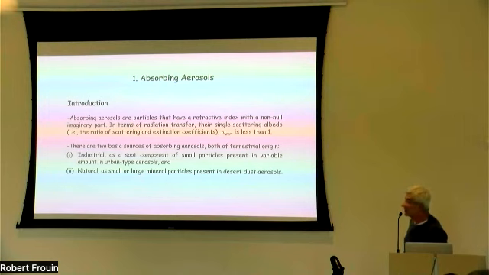And that means that their single scattering albedo, which is the ratio of scattering to extinction, is less than 1. And in fact, I'm pretty sure in previous lectures you saw the relation between the index of refraction and absorption. There are two basic sources of absorbing aerosols, which are both of terrestrial origin.